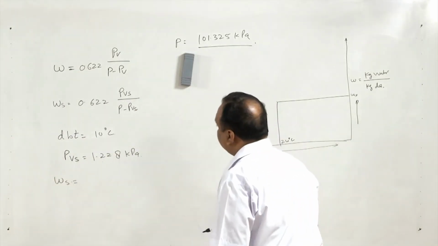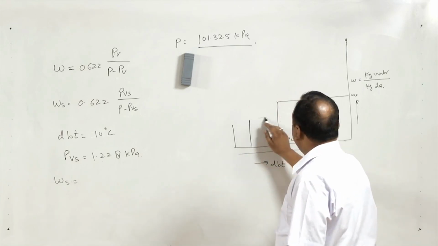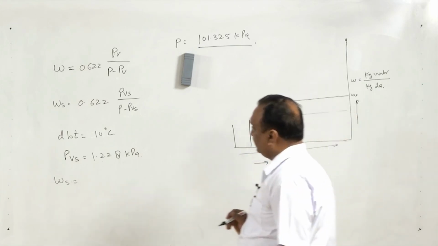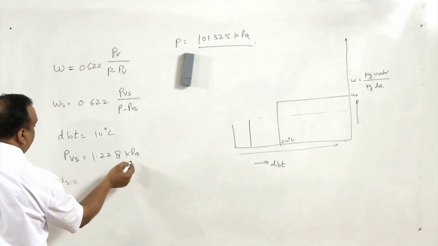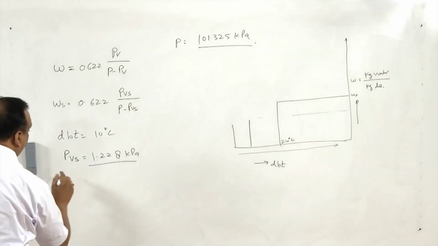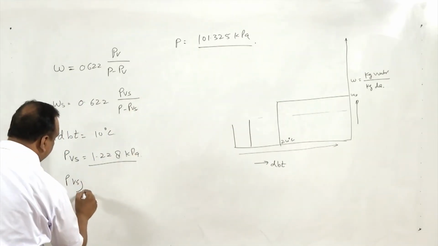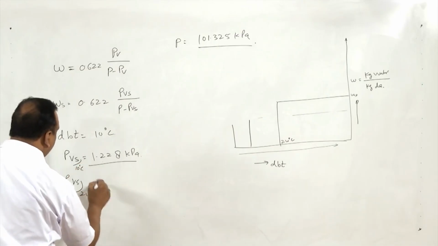Now, omega s at 10 degree centigrade will be less than omega s at 24 degree centigrade, because the partial pressure of vapor at 10 degree centigrade is 1.228, and at 24 degree centigrade it is 2.986.